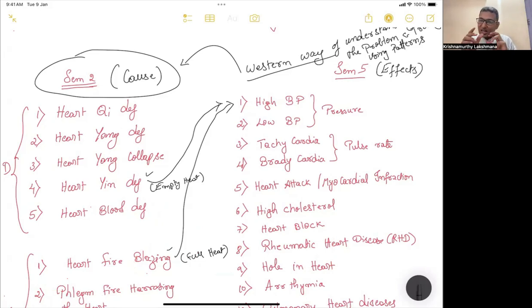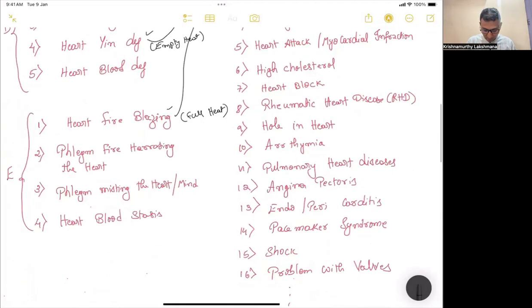I was trying different things and it was not suiting. Slowly, while treating, I thought I should treat this as a paralysis. In that concept, I gave phlegm misting the mind, or phlegm misting the heart, which we give in right side paralysis.